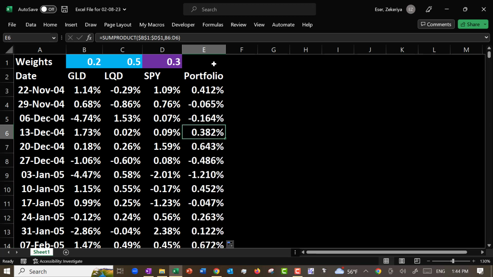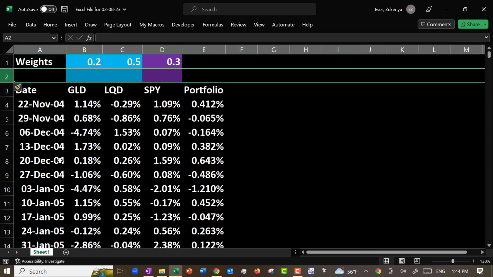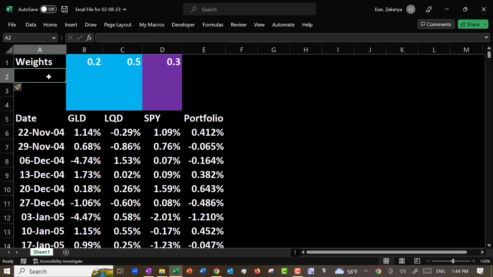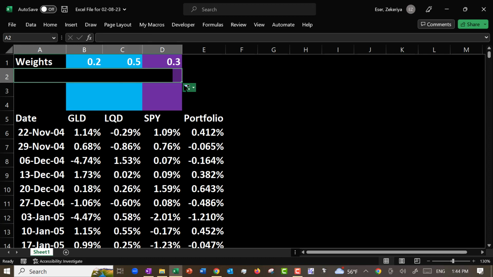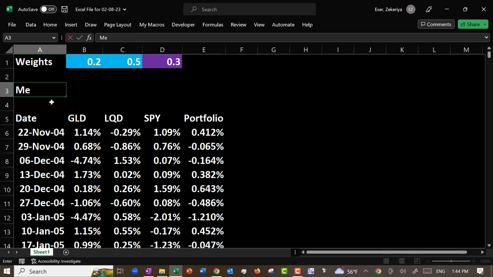Now, let me also insert a few lines. So I want to calculate some sort of, let's call this reward and risk.